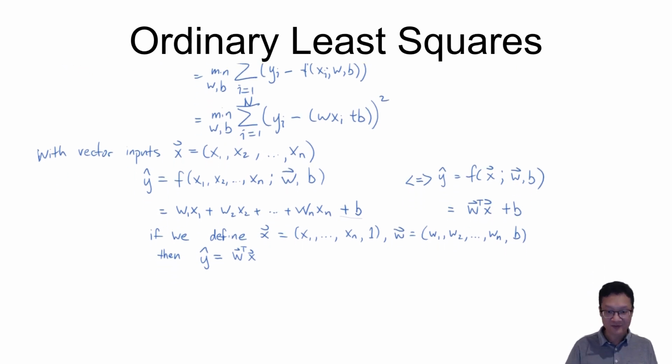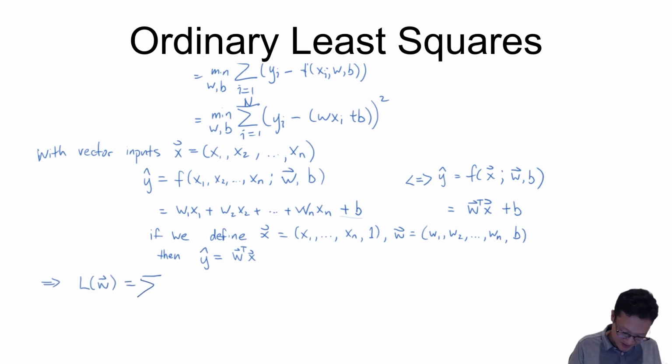Given this form, we can now write down our loss function. The loss function is now just a function of w, because the w includes the b. We're still going to add up over all the data points, i equals 1 to n, of yi minus yi hat, squared. Here yi is the desired output from the data.